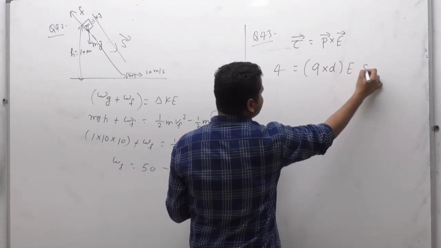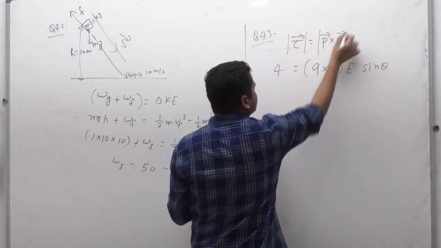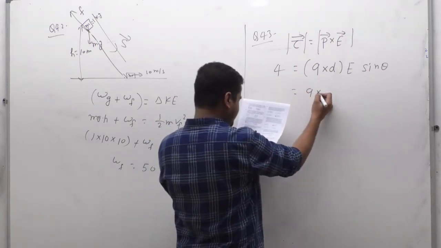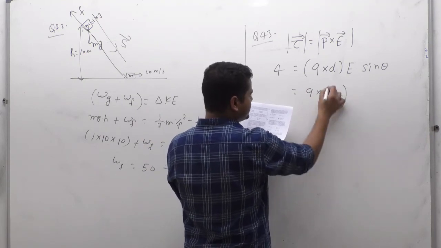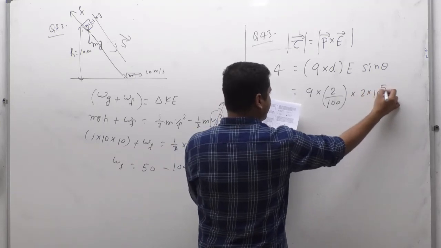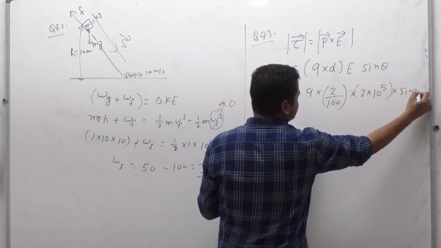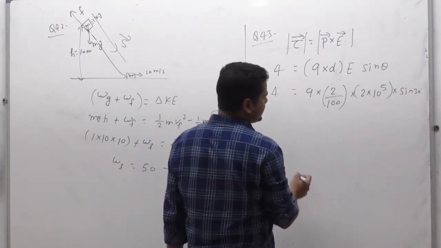P cross E, magnitude wise we can write P E sine theta. So Q we don't know. The distance, dipole length, is given as 2 centimeter, make it in meter, and electric field equals 2 into 10 raised to the power 5, and theta is given as 30 degree, so sine 30 degree. So this equals 4.